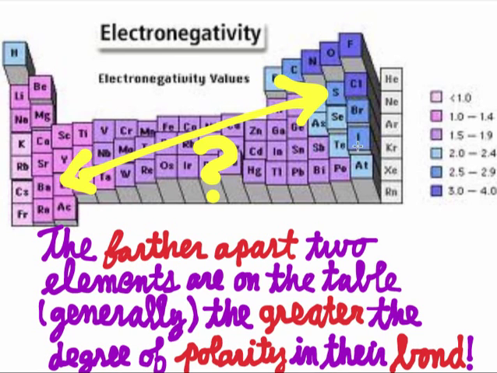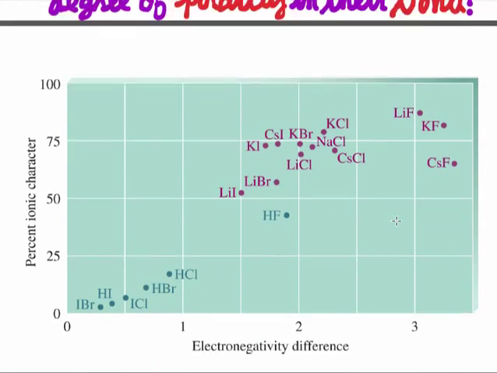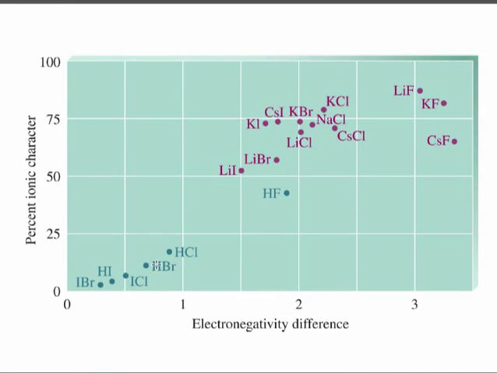So if you had two atoms of exactly the same electronegativity, or indeed they're exactly the same, then the bond is purely covalent. They're sharing perfectly well. So if I look at a scale, going from a difference in electronegativity from 0 up to 3 or 3.5 or something, the greater the difference in electronegativity, the more ionic character there is to the bond.